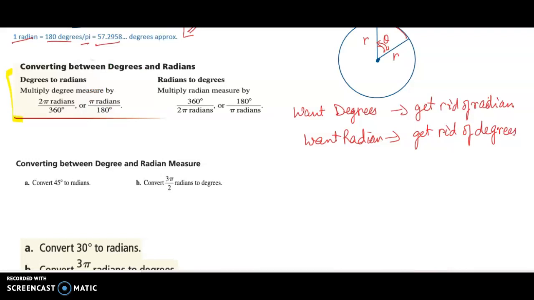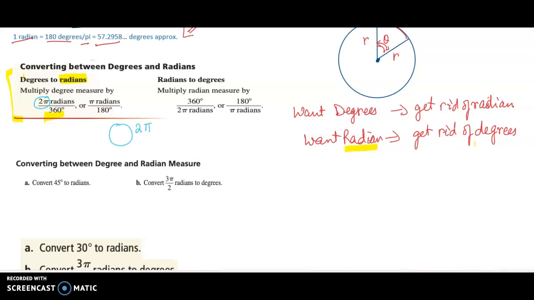Let's understand these. Degrees to radians. That means my priority is to get into radians. When we need radians, we need to get rid of degrees. So what they did, they introduced radians and then they divided by degrees. Now, one important question is why they have mentioned 2 pi. They have mentioned 2 pi because the whole entire circle is nothing but 2 pi.